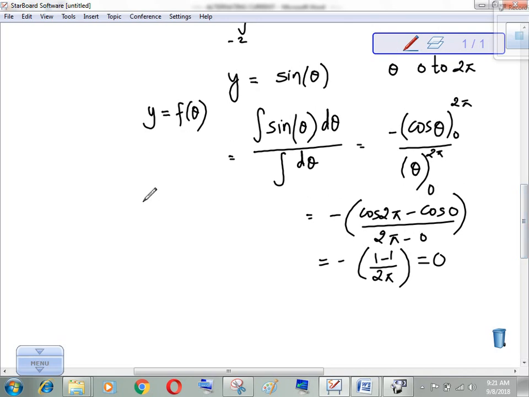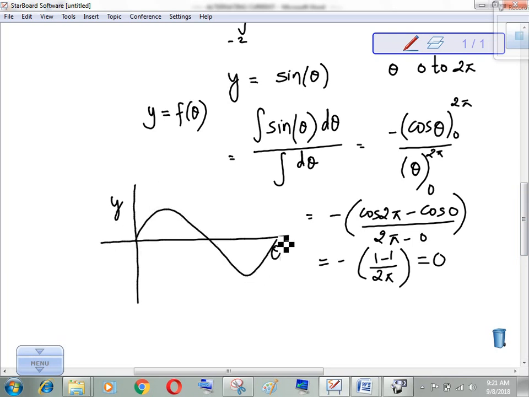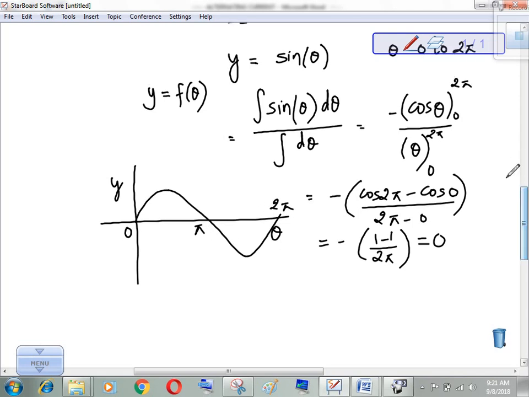Now let's see this from the graph. The graph of sine would be like this. This is 0 angle, this is pi, and this is 2 pi. If we carefully see that from theta 0 to 2 pi, if y has this positive value, it has the same negative value also.